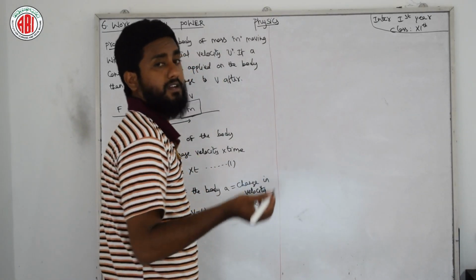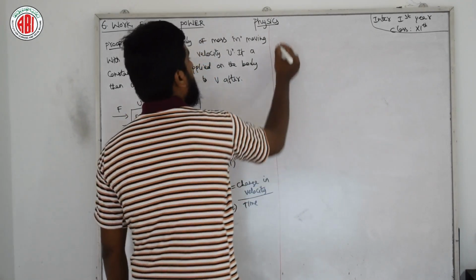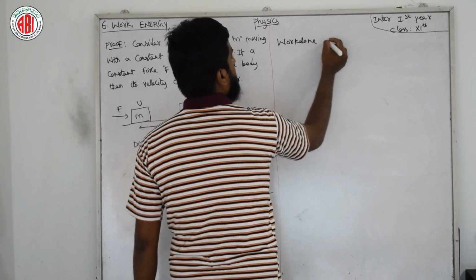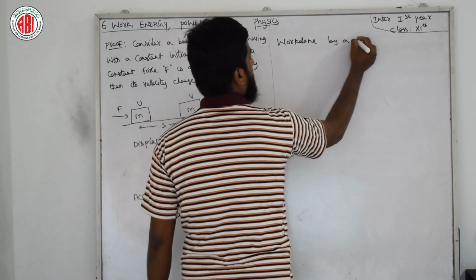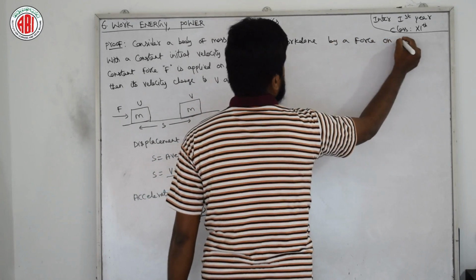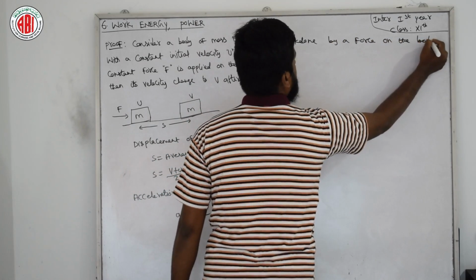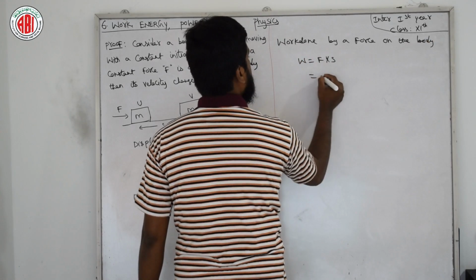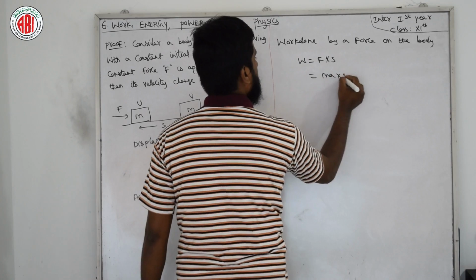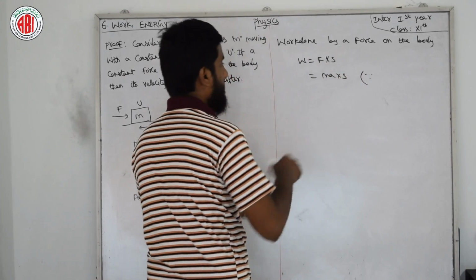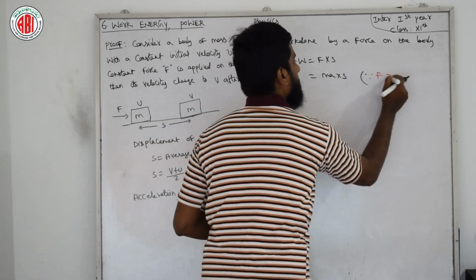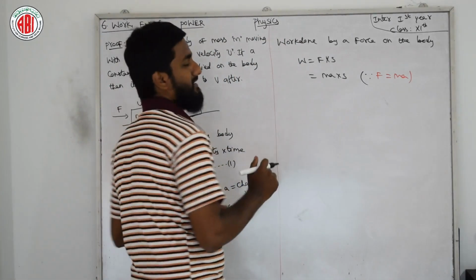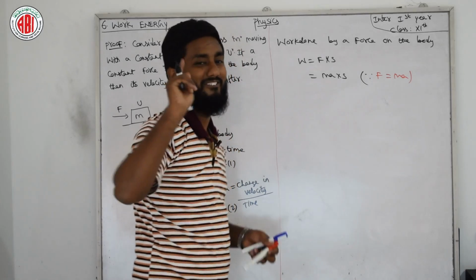Now work done by a force on a body, what is the formula for work done? Yes, come on students, we know that work done by a force on the body is W is equal to F into S. But here F is nothing but m a, from Newton's second law of motion, which is related to chapter number 5.